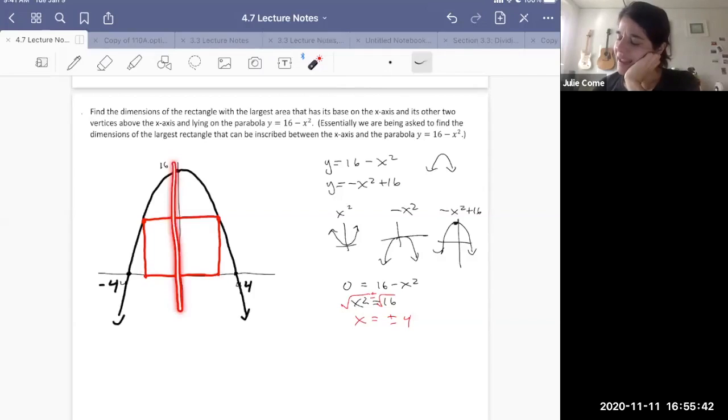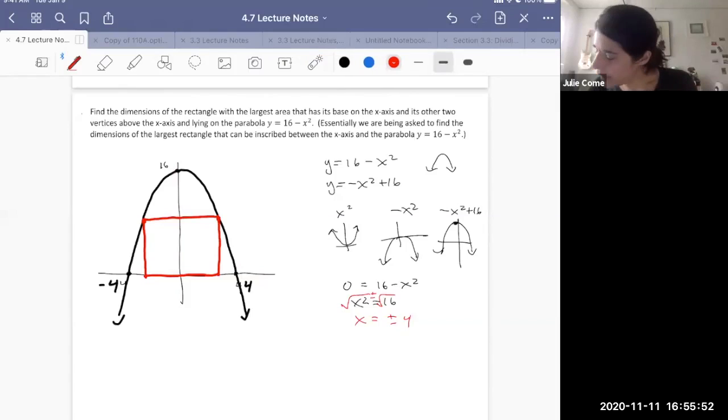Since I am on the coordinate plane and X has its own meaning as the horizontal coordinate, I want to think about this right here being the horizontal coordinate X. And since this is a rectangle, this guy over here should be at the negative X value.